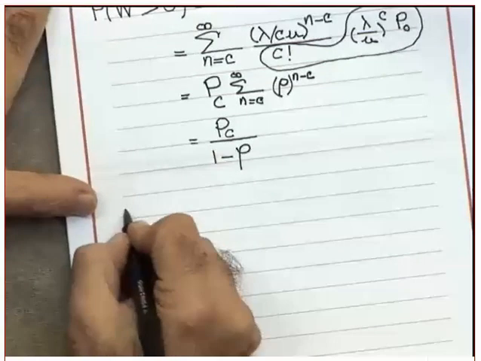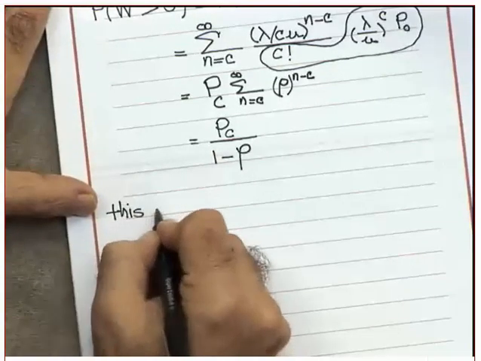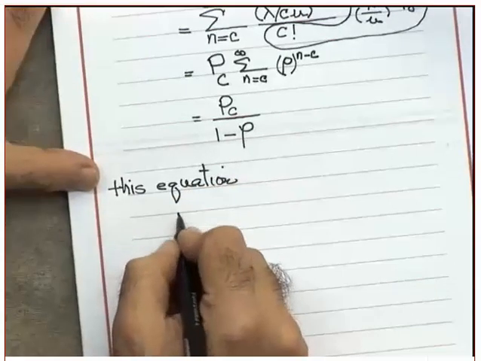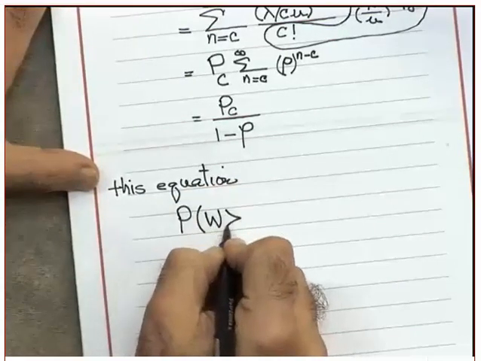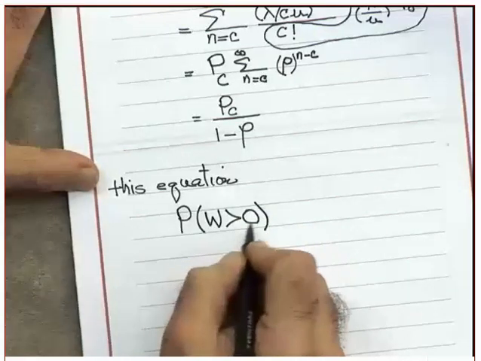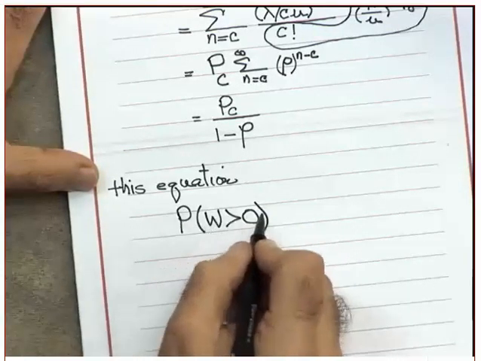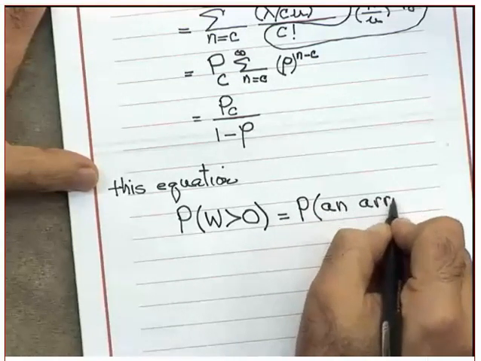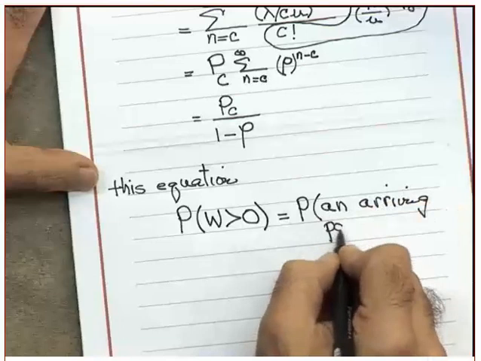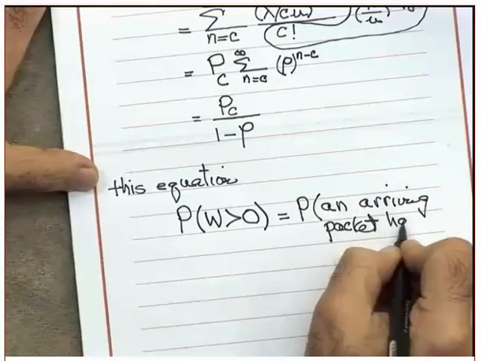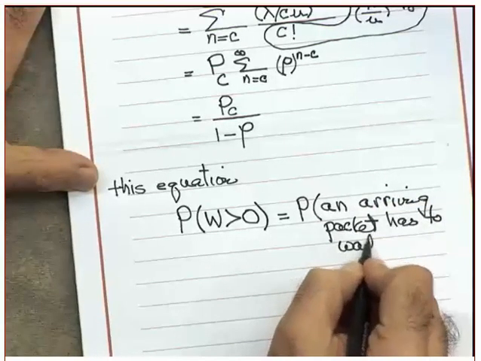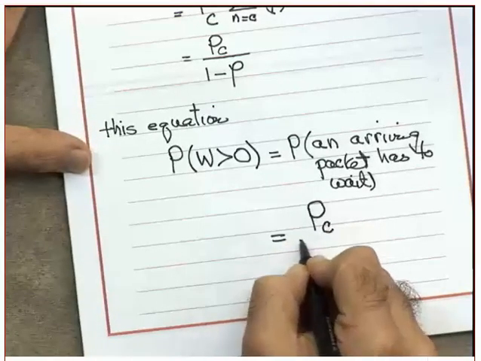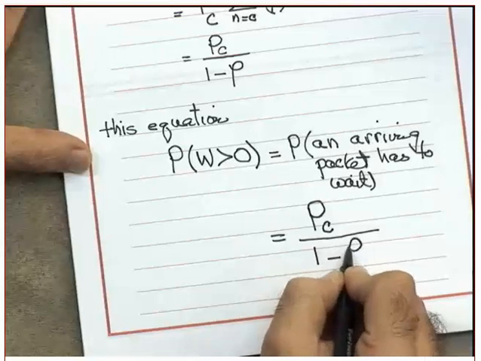Now, this equation, I'm going to write it again, which is the probability that W is greater than 0. Not equal, I'm sorry, I said equal to 0. Probability of W greater than 0, which means the probability that an arriving packet has to wait, is equal to PC divided by 1 minus rho.